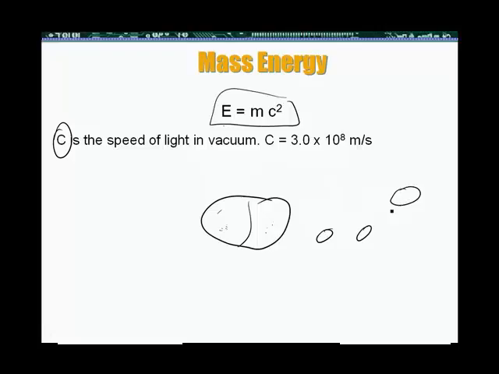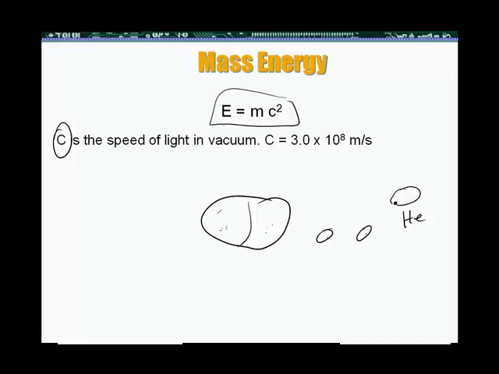Remember, a hydrogen nucleus is just a proton. So two protons, when they combine, are going to make a nucleus of what's called the helium atom.